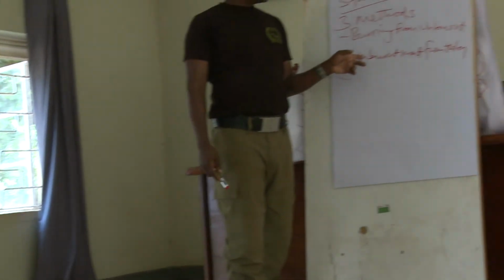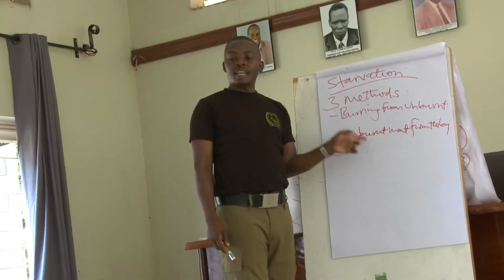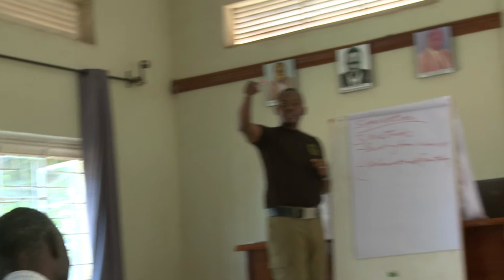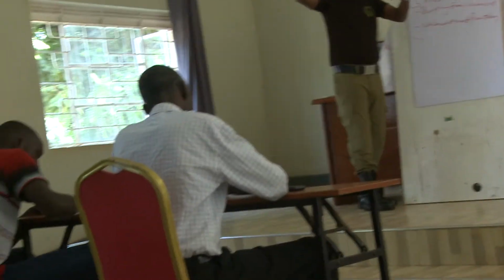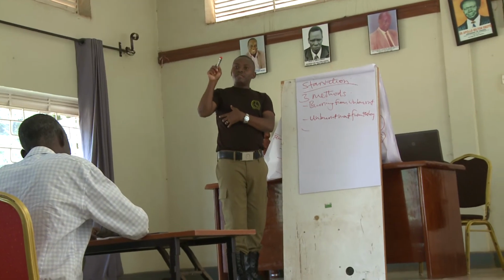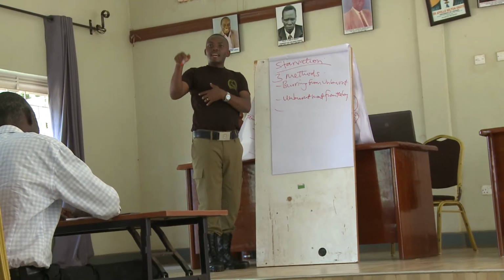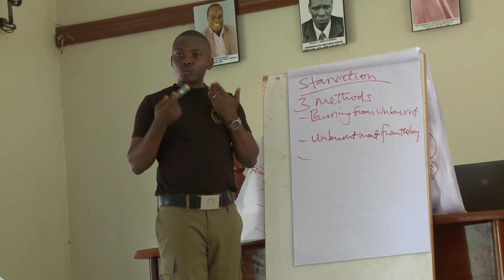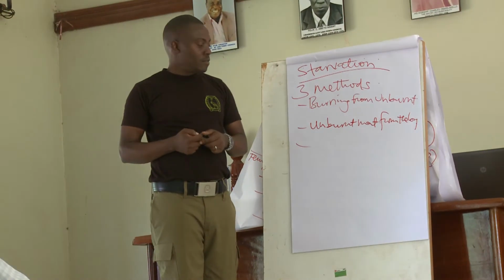Two, you can remove the unburnt materials from the fire. That is, you leave what is burning inside, and then you remove all those items that are not burning, such that when the fire burns and has nothing to burn next, the fire will automatically go off. Are we together?